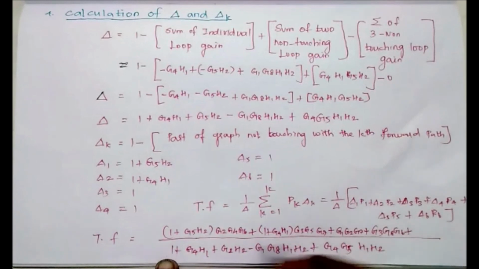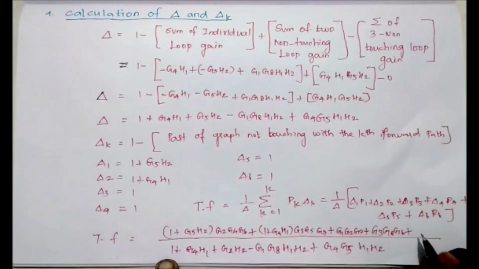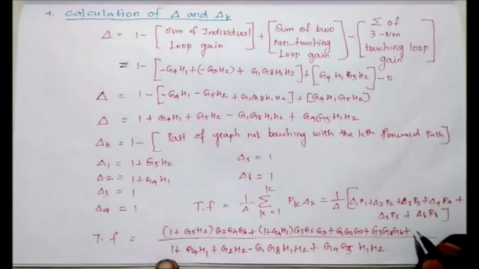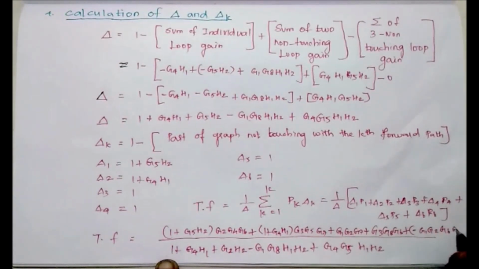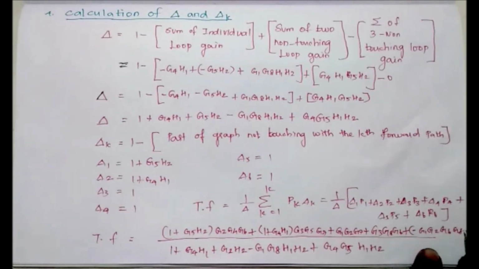Plus the del 5 value is 1, therefore 1 into the P5 value, minus G1 G2 G6 G8 H2.